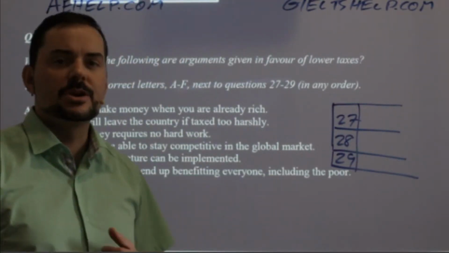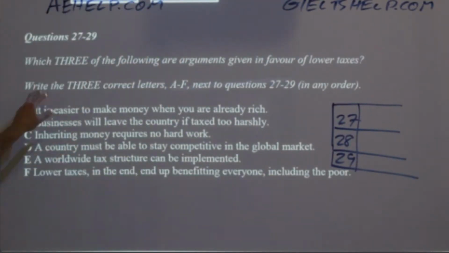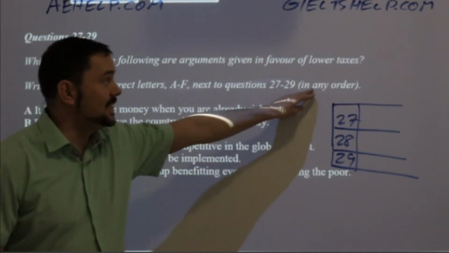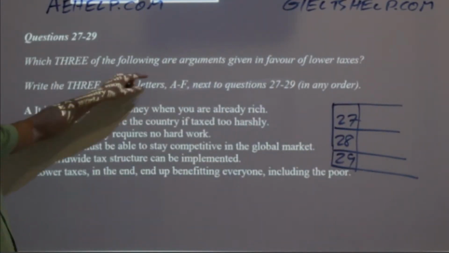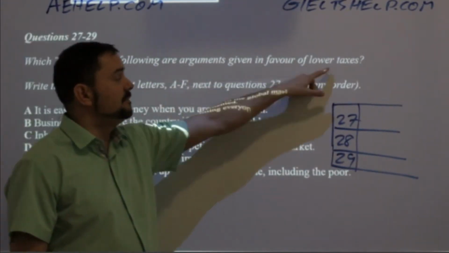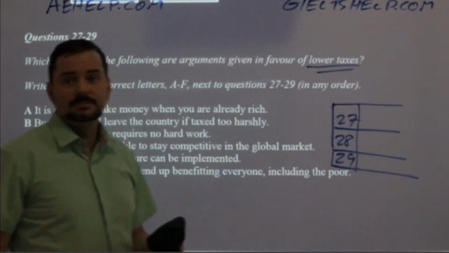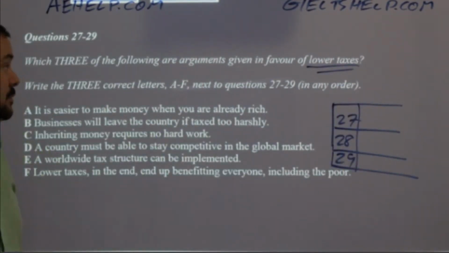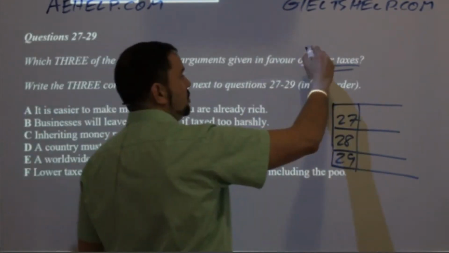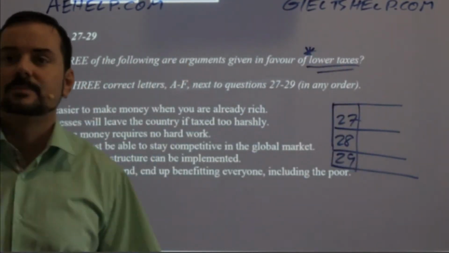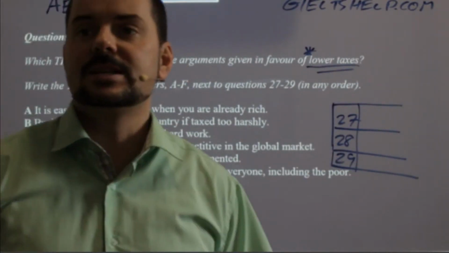Write 3 correct letters A to F next to these questions in any order. Which 3 of the following are arguments given in favor of lower taxes? Okay, that was really important to make sure that you're not focusing on higher, but focusing on lower taxes. Deepak says A, C, and D.